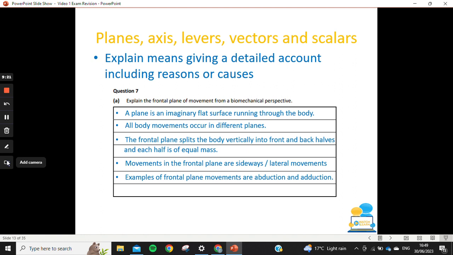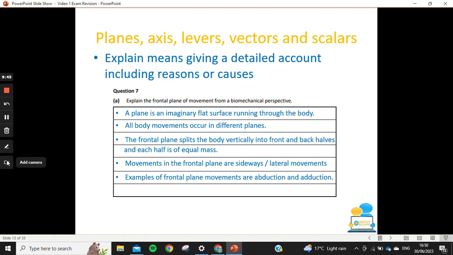All body movements occur in different planes. So again, giving more detail on planes and their application to biomechanics and to movement. The frontal plane, so you're identifying which one it is. It splits the body vertically into front and back halves, and each half is of equal mass.